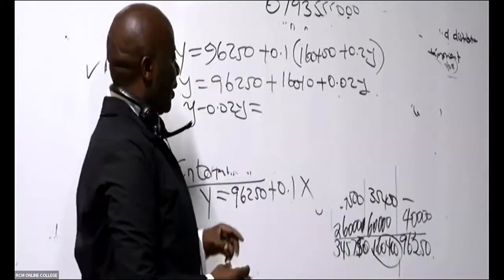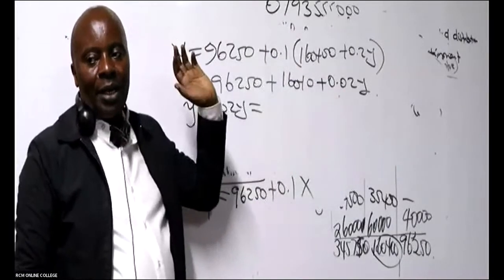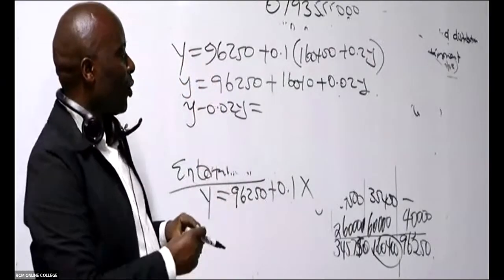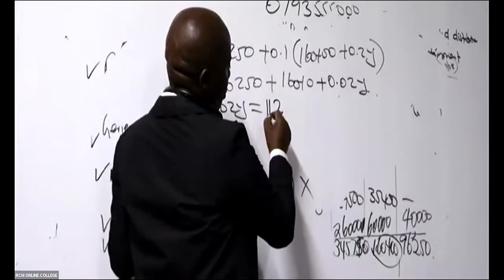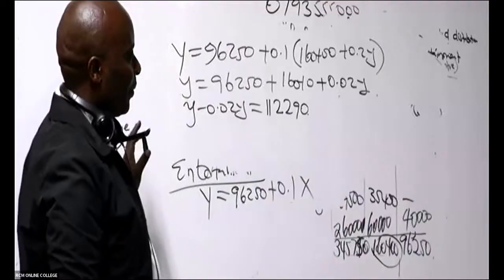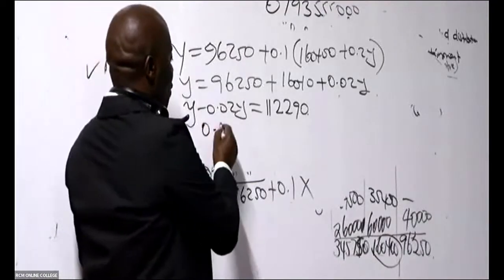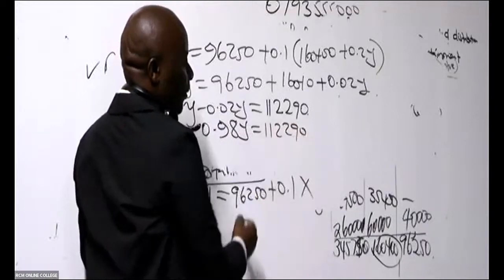Remember, this one here is positive; on the other side it becomes negative. So this gives me 112,290. And then of course, this will be 0.98Y equals 112,290.